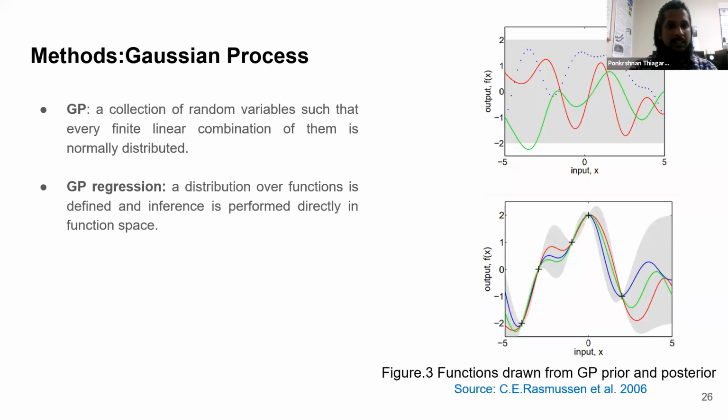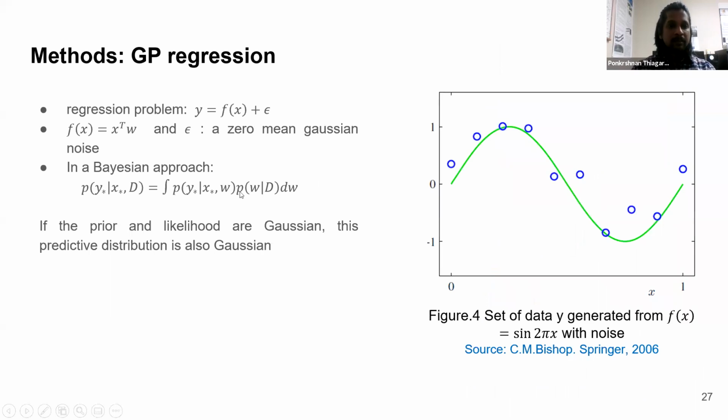Now, a Gaussian process is a collection of random variables such that every finite linear combination of them is normally distributed. In Gaussian regression, a distribution over functions is defined and inference is performed directly in the function space. Next. In a Bayesian approach, we are interested in the probability of outputs given some input X and the data D. If the prior and likelihood are Gaussian, this predictive distribution is also Gaussian.